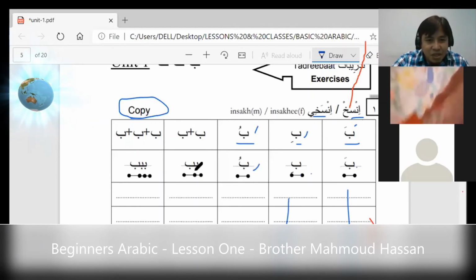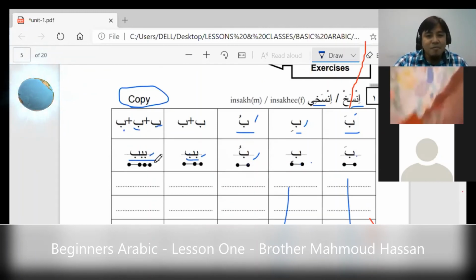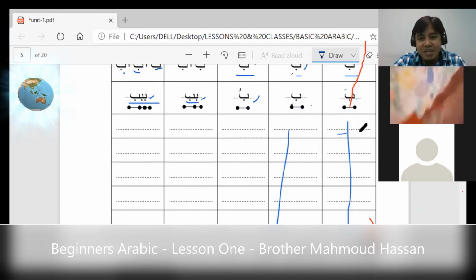Then you are going to connect. To connect ba, ba, and the three ba are there. Ba plus ba, you will see the shapes like that. And ba plus ba, you will see the shapes like this. So now you are going to write here by yourselves, inshallah.